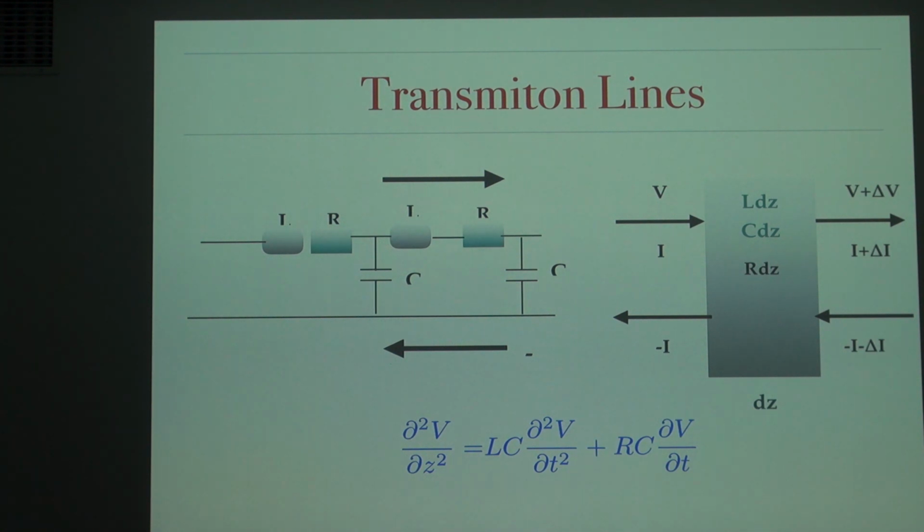So RC is the characteristic time constant of discharging a capacitor through a resistor. We will come to this in a moment, but that is the equation. And this is what is called the telegraph equation, written in a form which was derived by Oliver Heaviside.